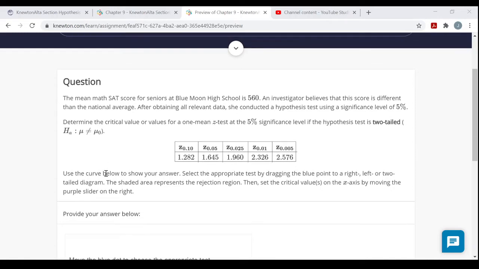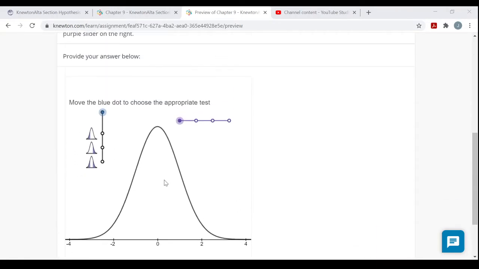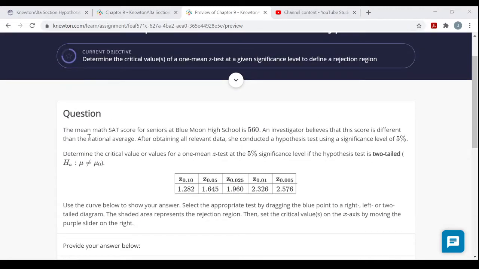This one's a question and also has an interactive part. You have to move some stuff around. So here, the mean math SAT score for seniors at Blue Moon High School is 560. An investigator believes that this score is different than the national average.